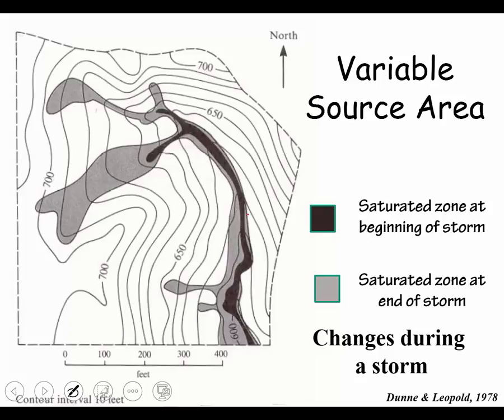Conversely, Horton overland flow is the dominant process for arid regions and semi-arid regions. Okay. Now, things change here as we urbanize. Horton overland flow is typical of urbanized areas because we've removed the vegetation for the most part.